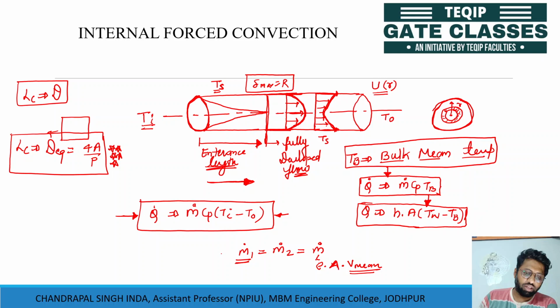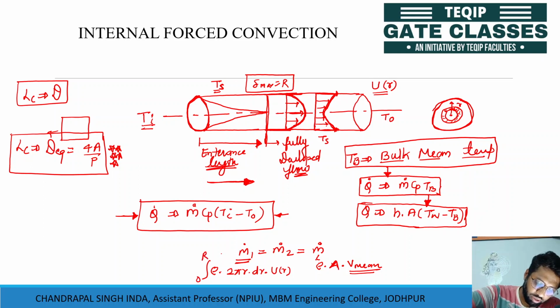So here we will have that m dot is equal to rho into 2 pi r dr multiplied by velocity, which is a function of radius. So this is at that point. To find the overall value, we have to integrate it from 0 to r.